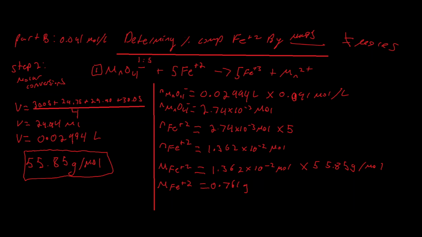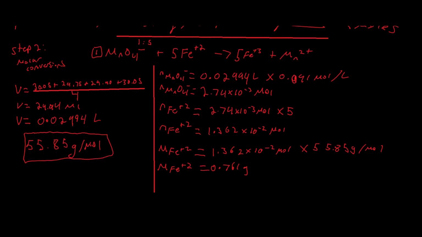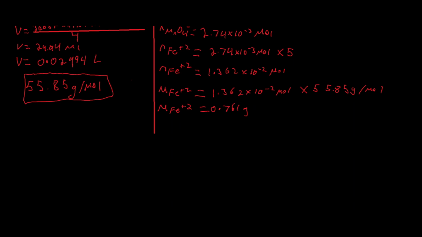So now we've discovered how many grams of Fe+2 we have in our unknown solution. Just going to move this down for some more space. So now what this question wants us to determine is the percent composition. The way to calculate percent composition is we use the formula: our part, which would be 0.761 grams, over our total, which is 4 grams, because we massed out 4 grams of our unknown iron sulfate solution.